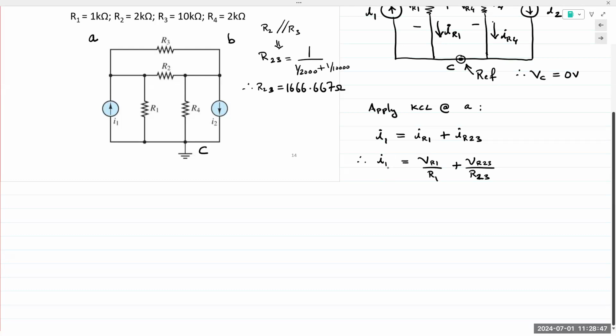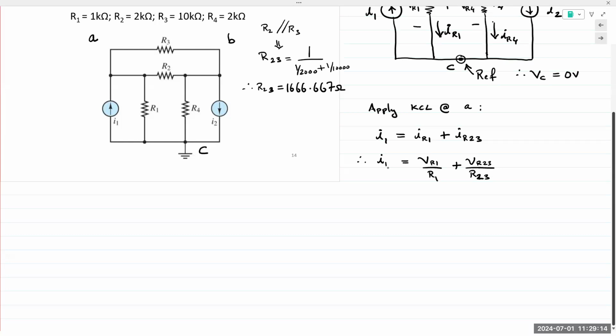Now for the next step, we'll just combine those two together, and I'm going to express each resistor voltage in terms of the node voltages, and then I'll also plug in all the known values at the same time. Okay, so what are my known values? My known values are R1, R23, and the current source I1.